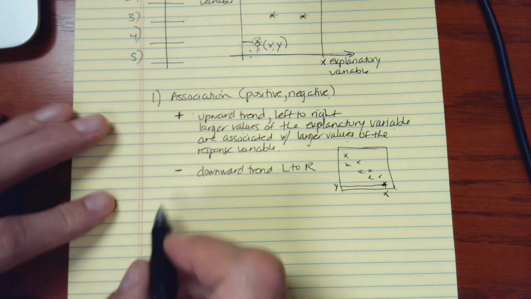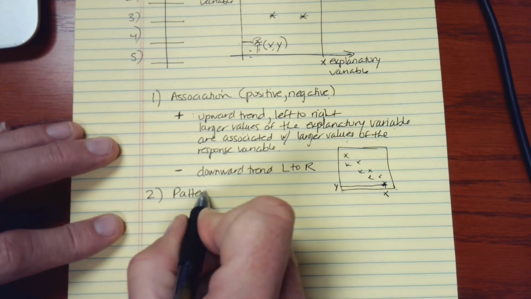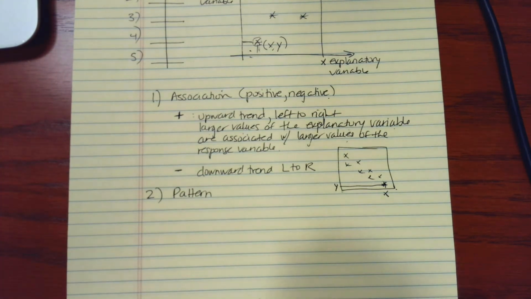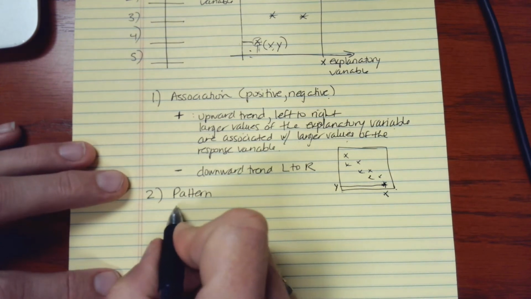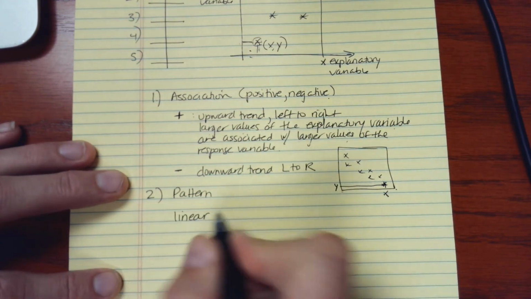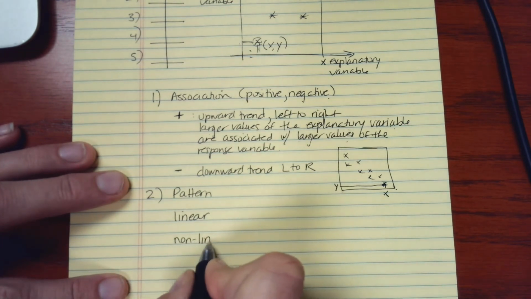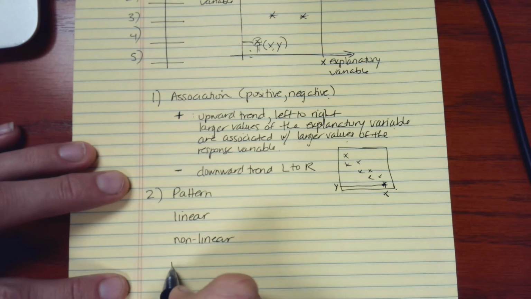The second thing that we would look for in a scatter plot is to see if there is a pattern. And for now we're going to keep it simple, and we'll limit this to three options: a linear pattern, a nonlinear pattern, and then just no relation.